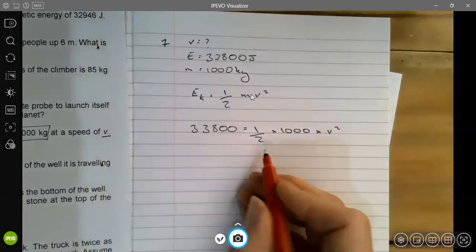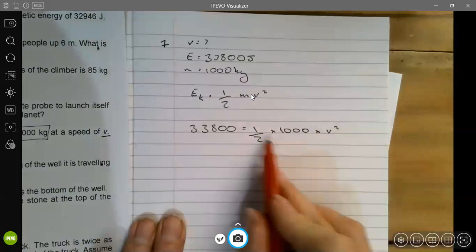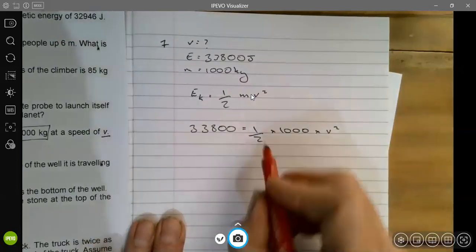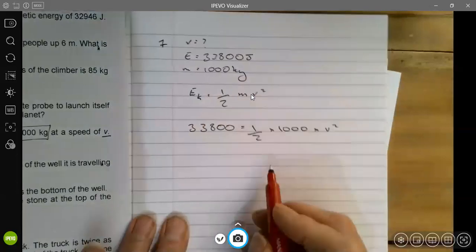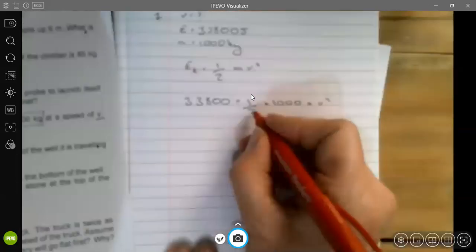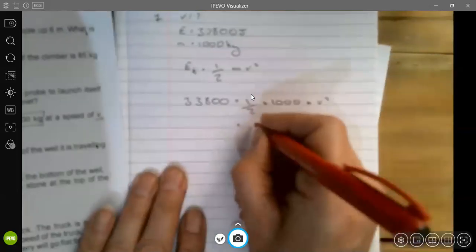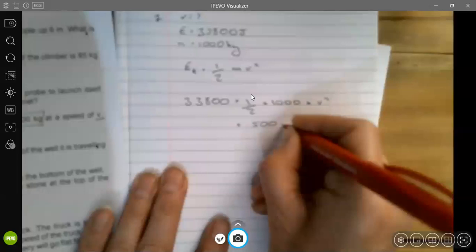I don't like fractions over this end, so I can do a couple of things. We'll do it two ways. First, we'll multiply 1000 by a half, which gives me 500 times v squared.